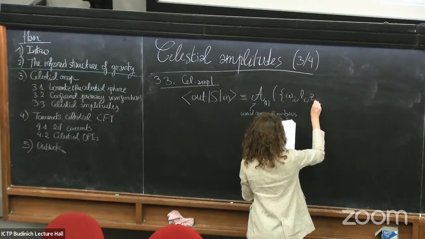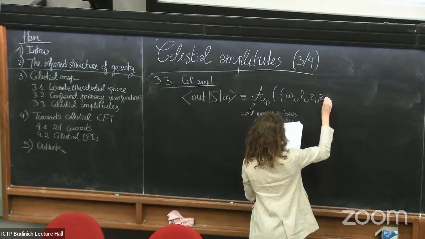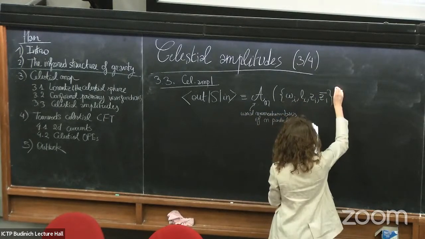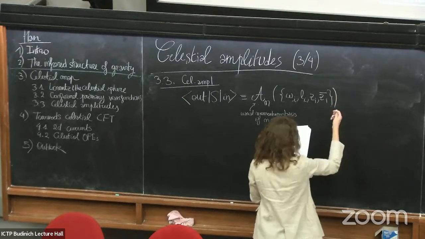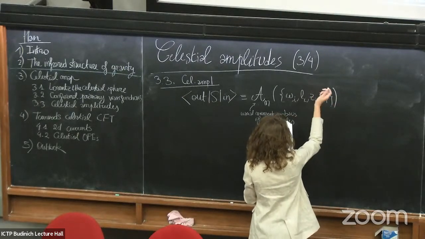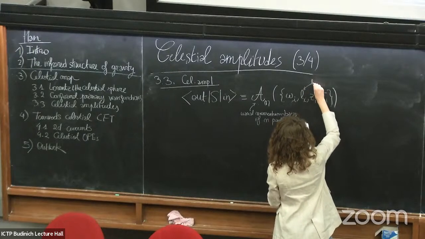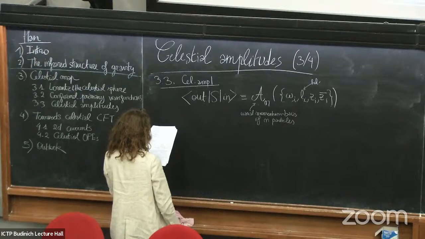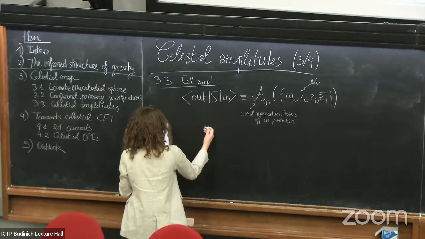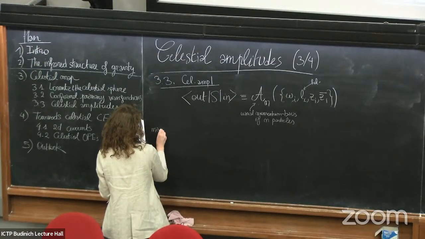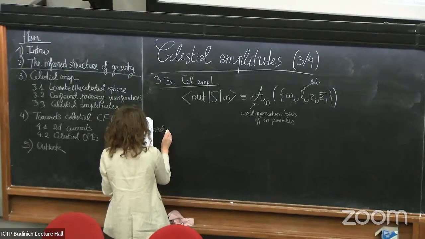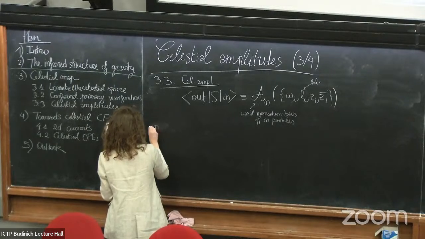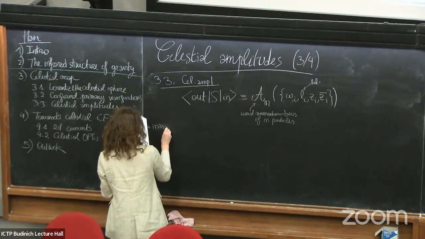As I've said over and over, a massless particle is parameterized by an energy, a point on the sphere, and the helicity. So this is the usual way we express amplitudes in this momentum basis. For the massless case, actually, I'm focusing on the massless case. Maybe I will say a word on the massive case.